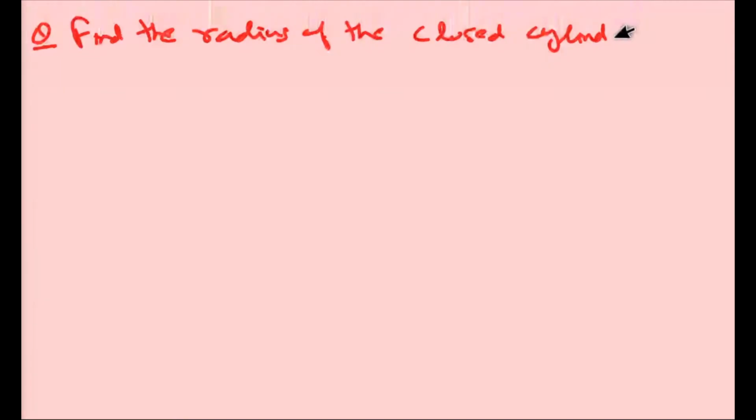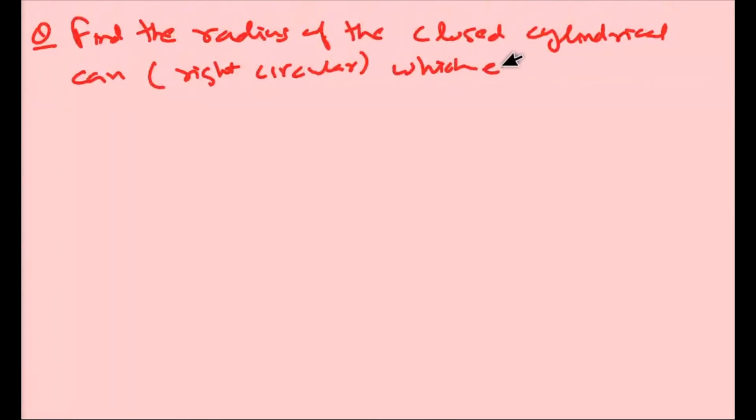Find the radius of the closed cylindrical can which is right circular, okay, which encloses a given volume of 100 centimeter cube, it means volume is constant, and has the minimum surface area.